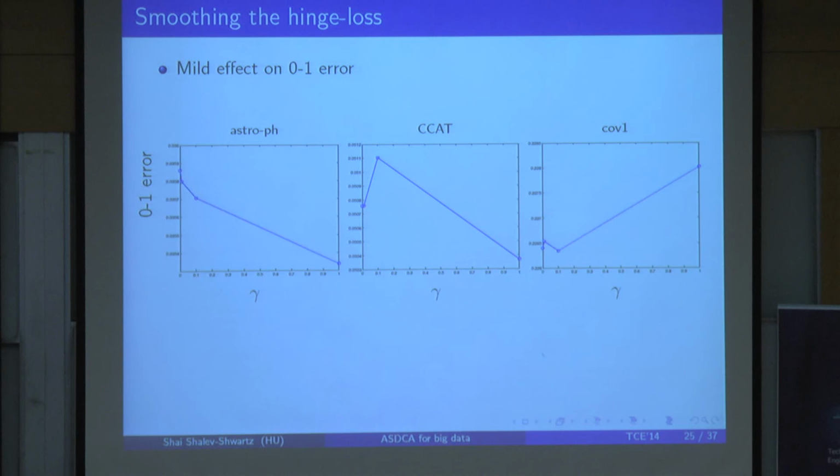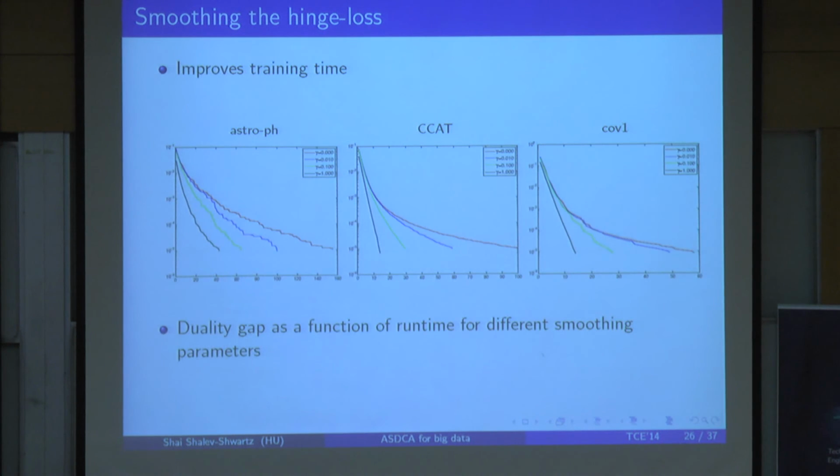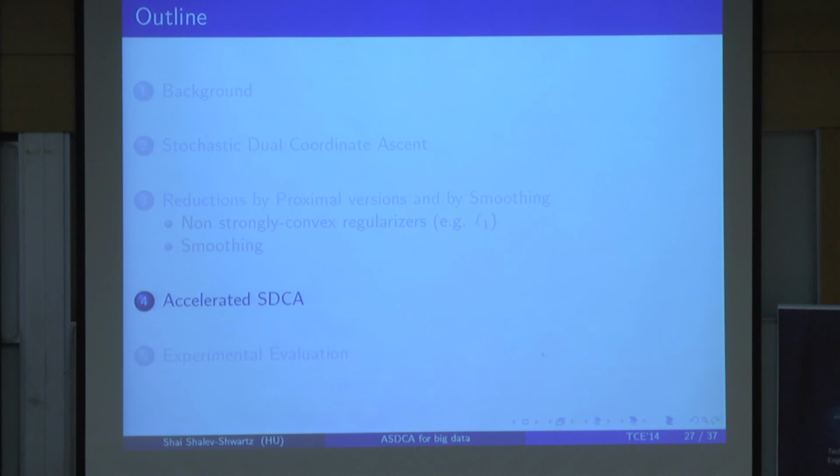What you see here is sometimes the performance is worse, sometimes it's better, sometimes it's in the middle, but the scale on the y-axis is below the statistical significance, so it just does not really matter. In terms of runtime, it actually helps you a lot. So this is just something to keep in mind. Anyway, let's continue to the acceleration part.